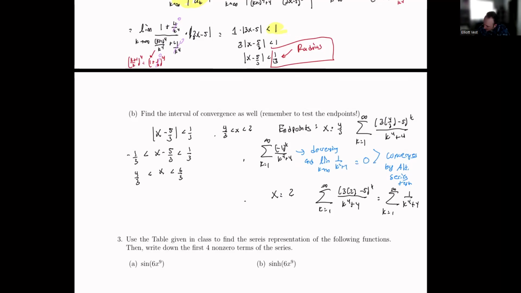Yeah. If we compare to 1 over k squared, 1 over k to the 4th plus 4 is less than 1 over k squared, which converges by p-series, so this converges too.